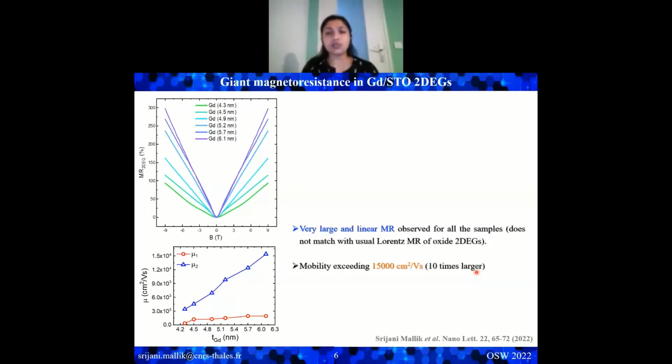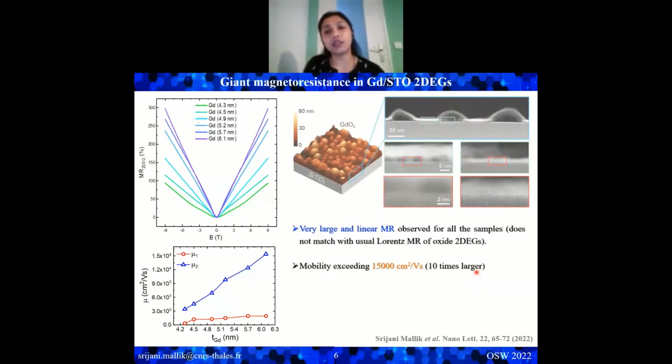So for this, we did some structural analysis: AFM measurement, as well as cross-sectional TEM measurement. And to our great surprise, we found that the growth of the sample is really strange, because the oxide formation enthalpy for gadolinium is the least in this case. So gadolinium really likes to pull out oxygen a lot, and it gets oxidized completely crazily, forming bubbles like this.